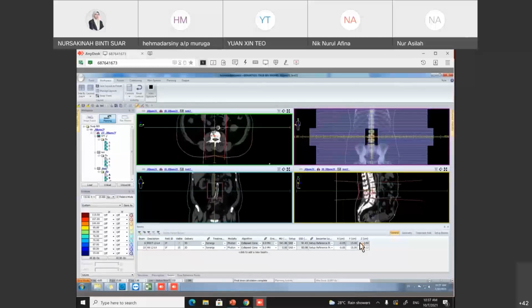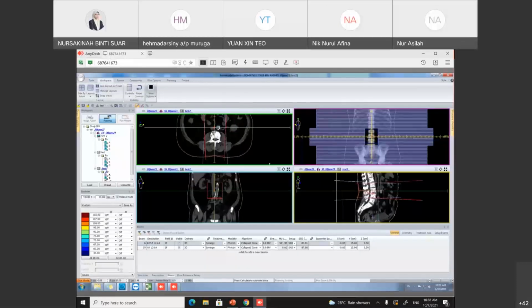So when you change one beam, it will automatically change the other beam for you, because we already linked these two beams. So this is the mid-plan. So for basic, this is how we planned those days at the 2D time.